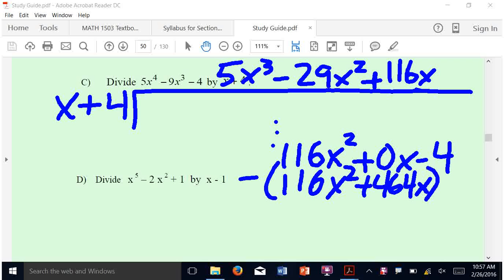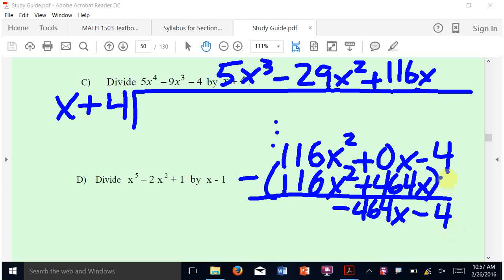Then the third step is to subtract, and these guys cancel out. That's negative distribute, so you get minus 464x minus 4. Just adding 0 here.